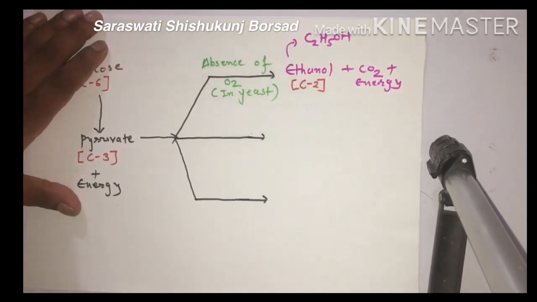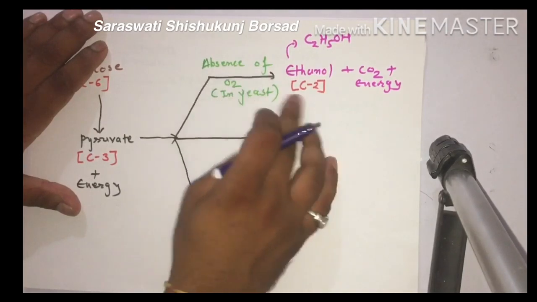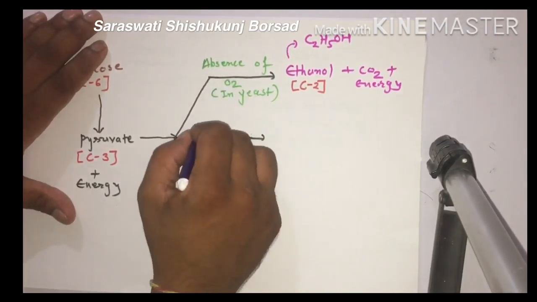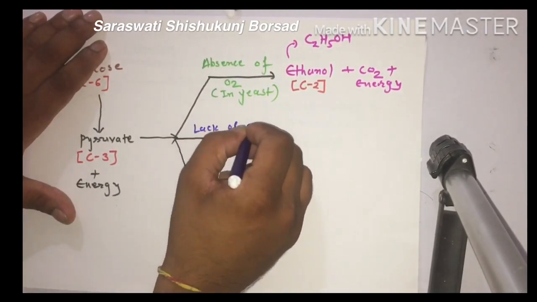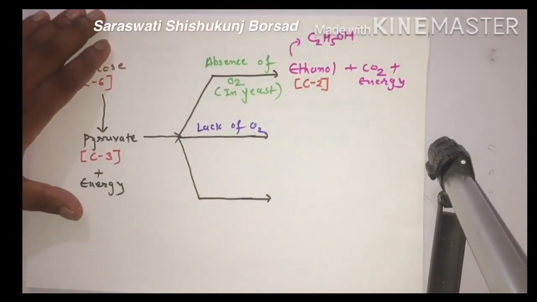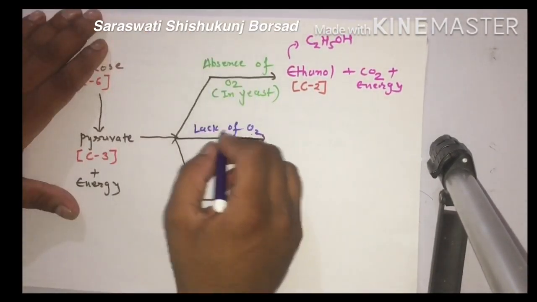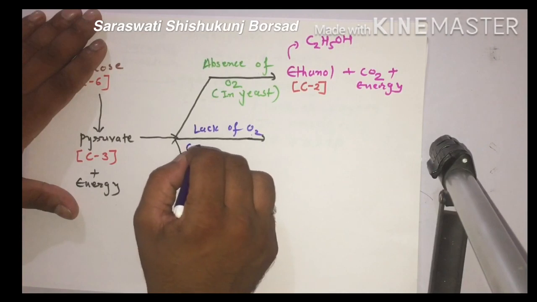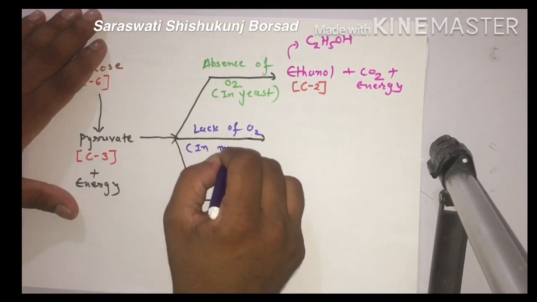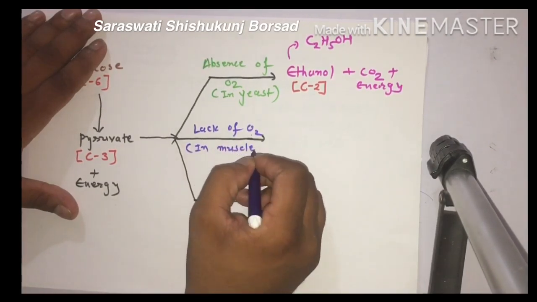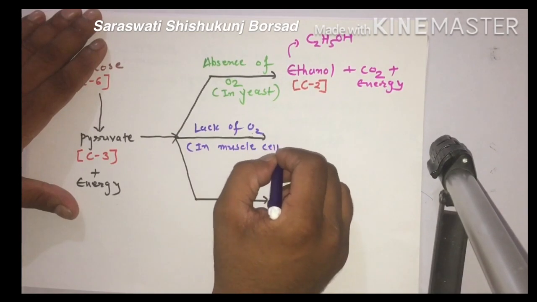Okay, now let's think about the second. As we discussed, first is absence of oxygen, second is lack of oxygen. Now let's see what happens in lack of oxygen. It is done in muscle cells.